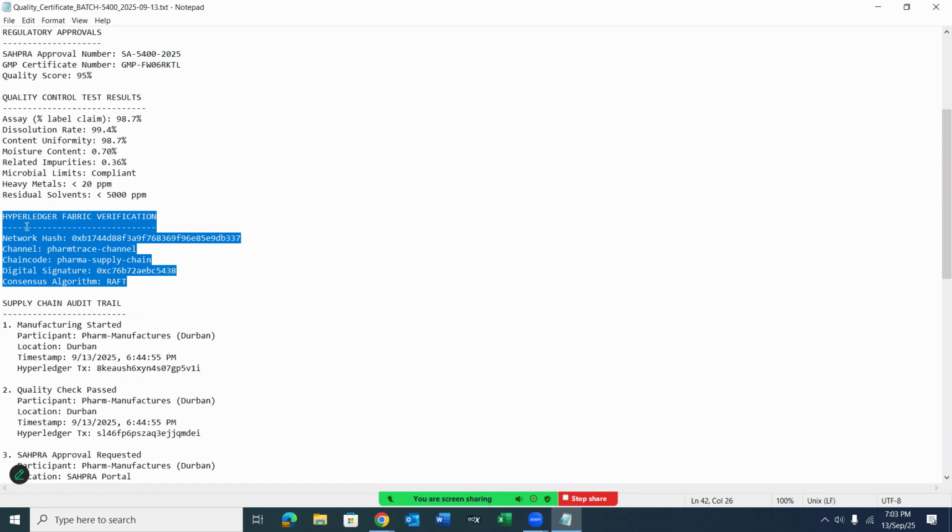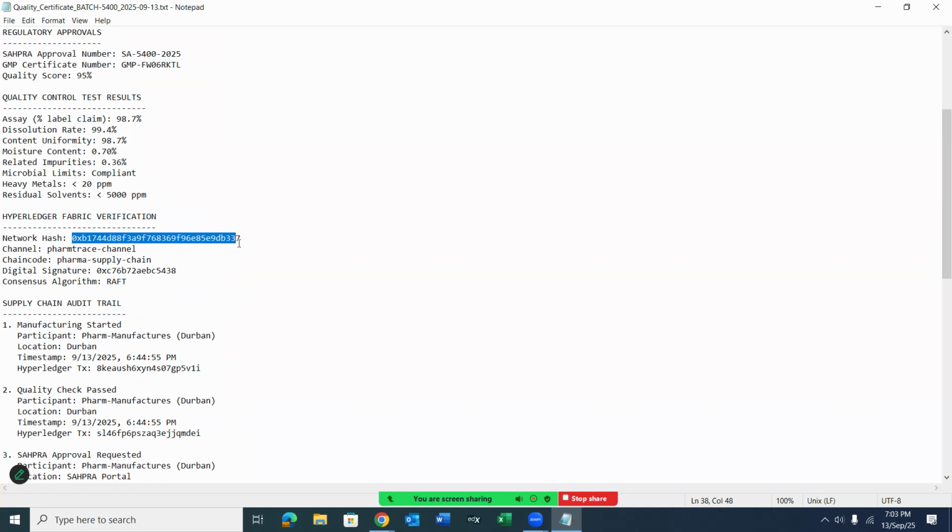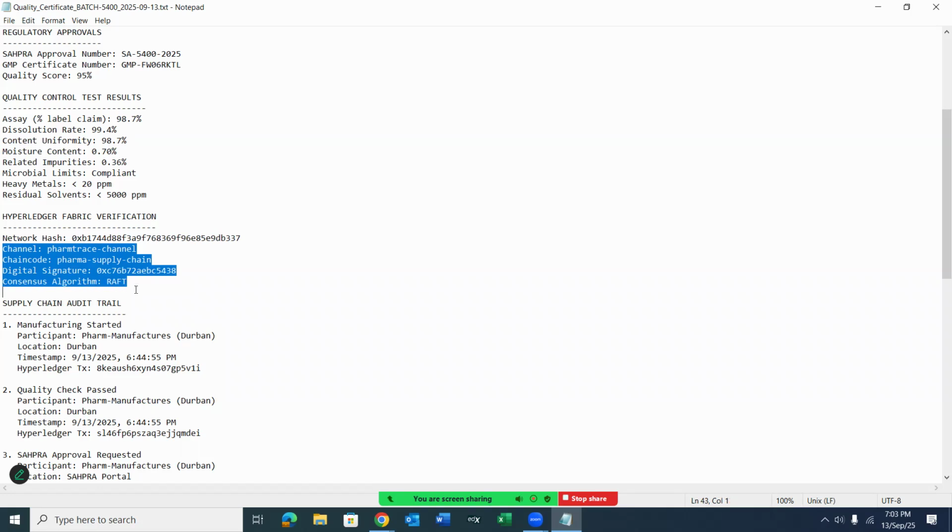It shows that there is our network hash that was generated when the manufacturer captured the information. Then this is just the information about the network itself. As I've said that we're using Hyperledger, so these are some of the characteristics of Hyperledger.